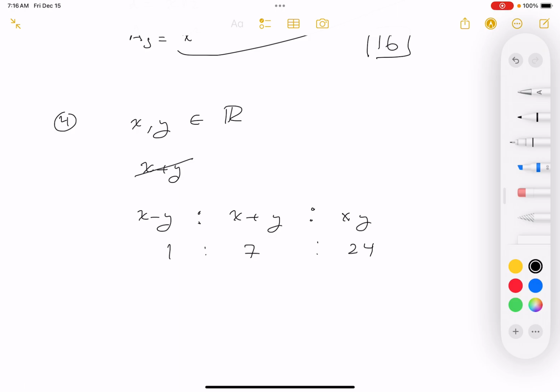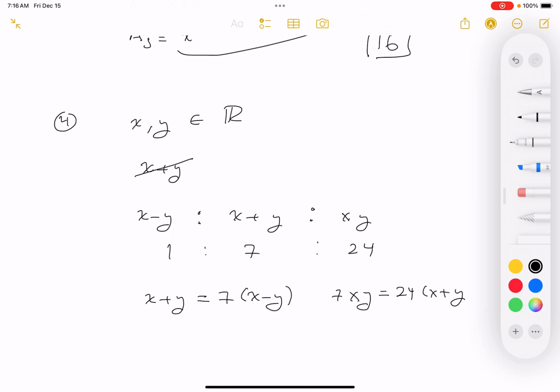That tells me, let's write this down now, that x plus y is 7 times x minus y. That's one thing that's given to me. The other thing that's given to me is that 7xy is the same thing as 24 times x plus y.